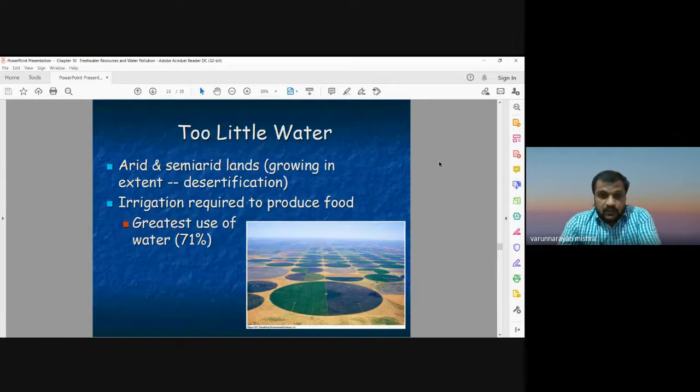In case of too little water, if there is very little rainfall, in most of the arid and semi-arid regions on the earth there is a problem of desertification and drought, because there is very little rainfall. In such areas we need to work on the irrigation system. Irrigation is required to produce food, and for that we also need water.